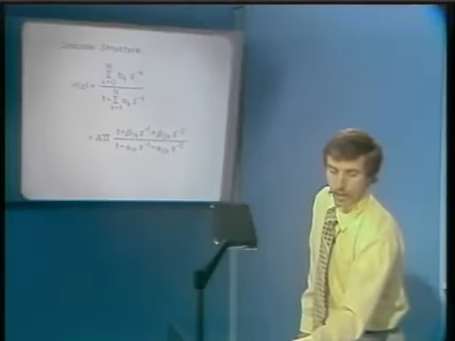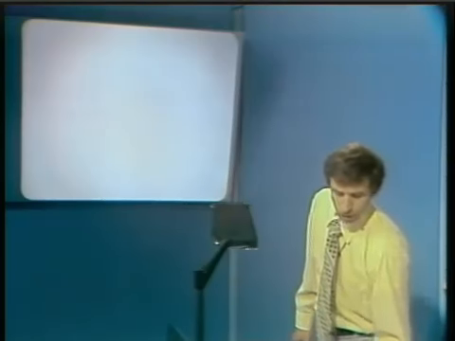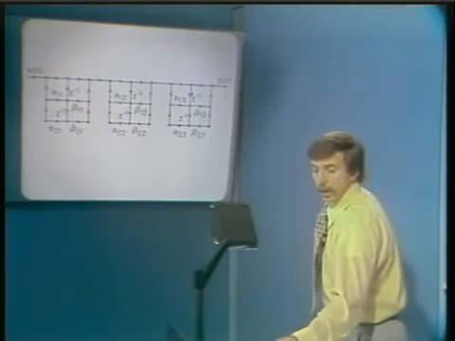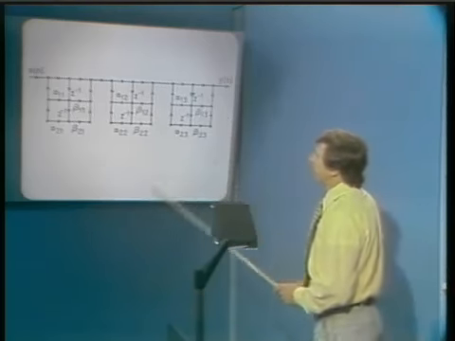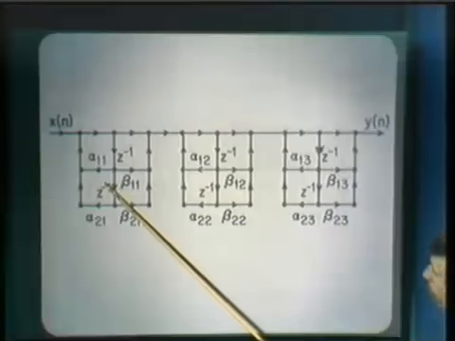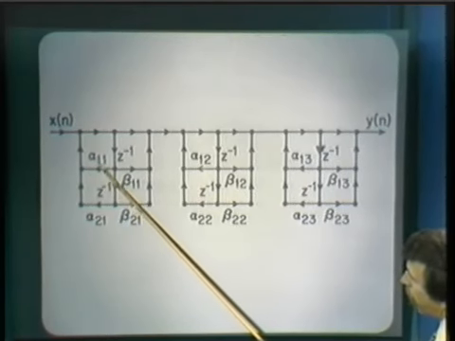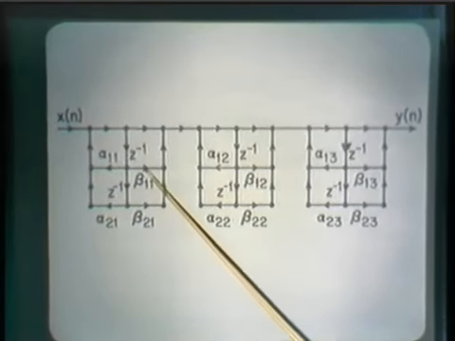One implementation, which is a canonic direct form, is the implementation that I indicate here, where this is alpha 1,1, the coefficient alpha 1,1, the coefficient beta 1,1.